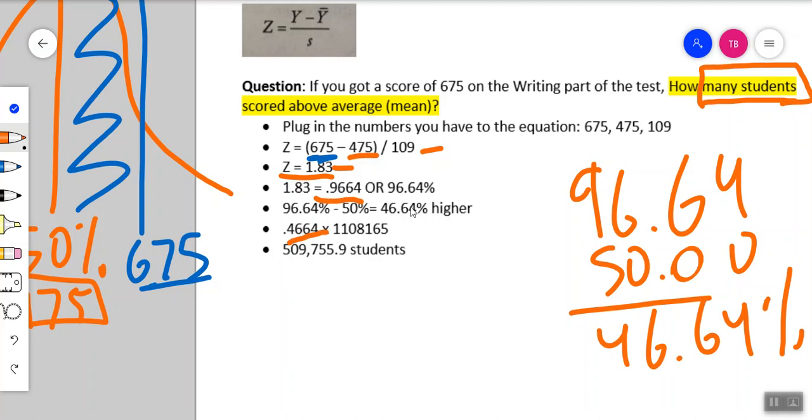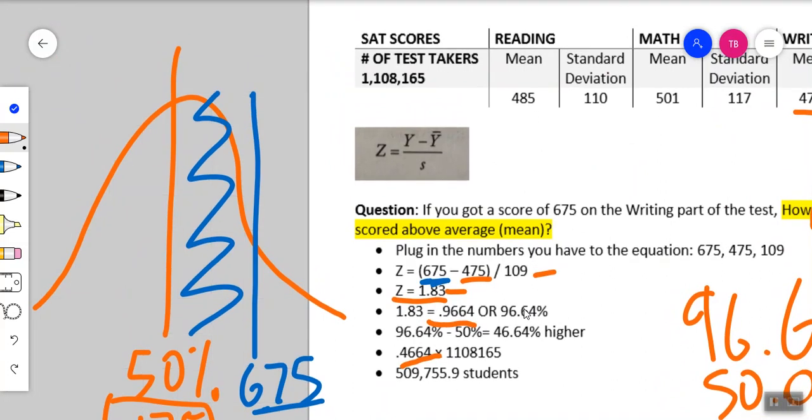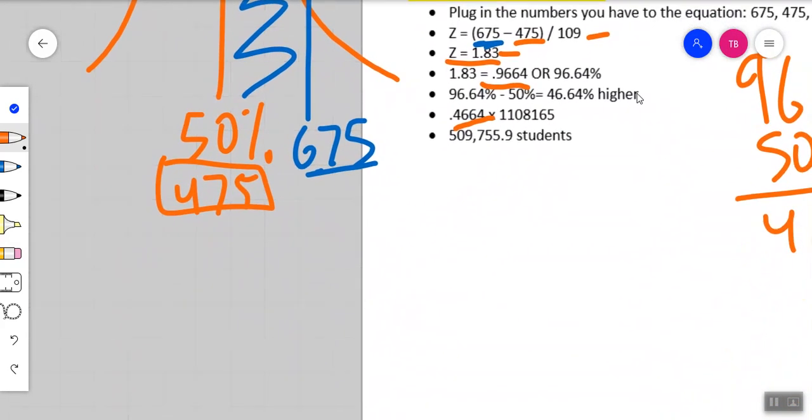We actually have all the things we need up in the top here. If we know that 46% of the students scored between 50% and your score, then you multiply that number by the total number of test takers. We know, because it's given to us, that 1,108,165 students took it, and we just want to find the 46% of that. So you do 0.4664.